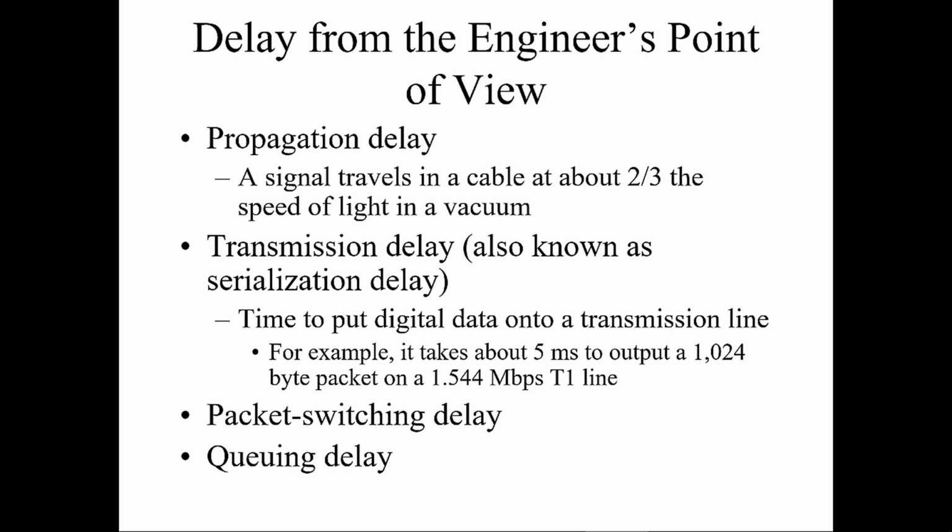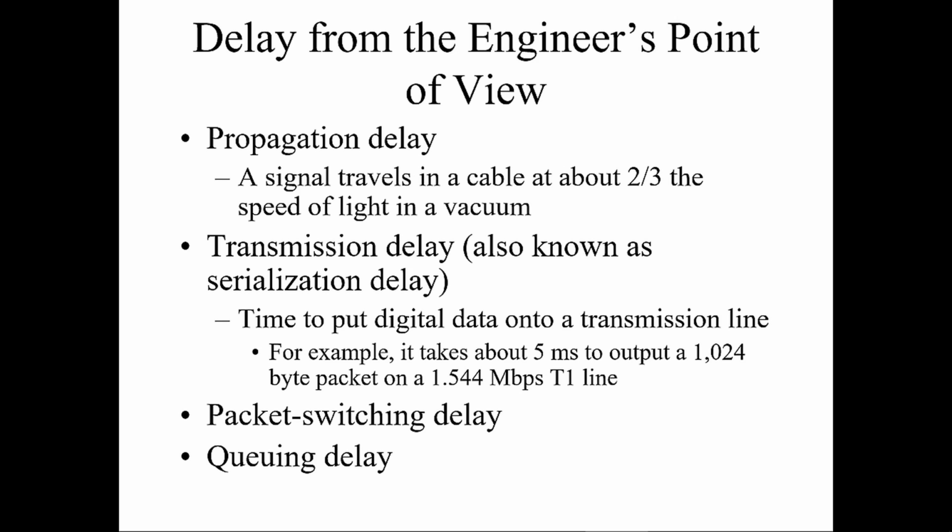Delay from the engineer's point of view is going to be the propagation delay, and that's the signal traveling in a cable at about 2/3 the speed of light in a vacuum. Transmission delay, also known as serialization delay, is the time to put digital data onto a transmission line.